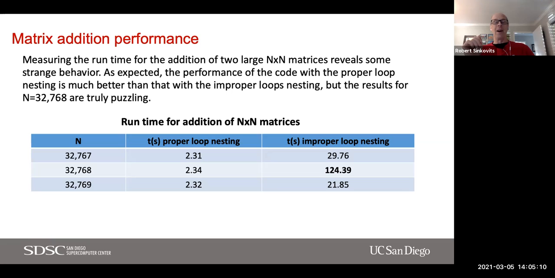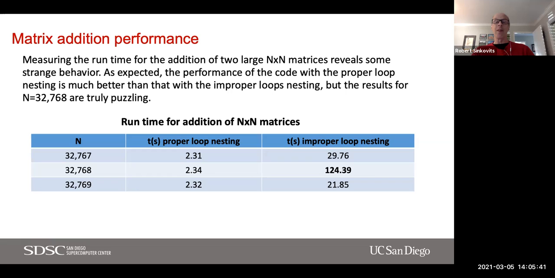For the first case, 32,767, we can see that our code is about 15 times faster. For the case 32,769 at the bottom of the table, it's about 10 times faster. And for 32,768, it's about 60 times faster. As expected, the difference in the problem size is really insignificant.